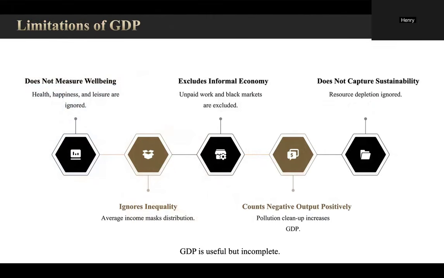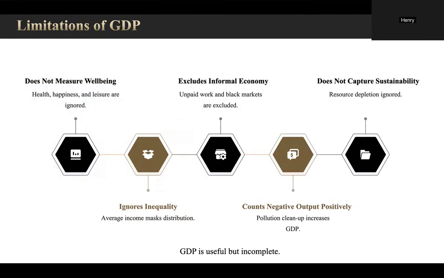GDP is useful, but it has several important limitations. First, it does not measure well-being. Things like happiness, health, and leisure are not included. Second, it ignores inequality. An average can hide large differences between rich and poor. Third, GDP excludes the informal economy, such as unpaid work or black market activity.